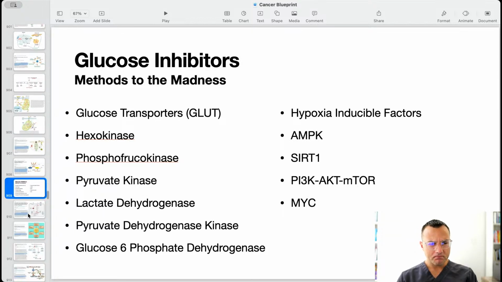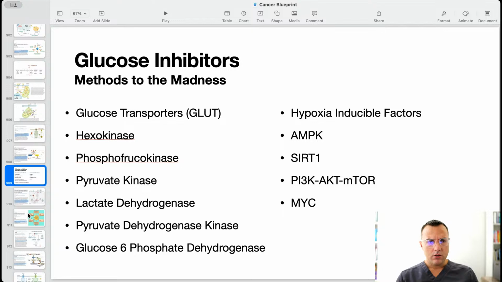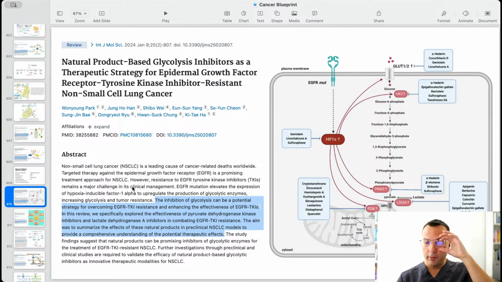And basically, I've had to, and I'm still having to, look through a lot of papers to get us oriented, because what we'll see over and over again is this will be at least one of our classic graphics we keep going back to when it comes to the glucose side of things, like we had that classic graphic that I would always refer back to when looking at the glutamine pathways.